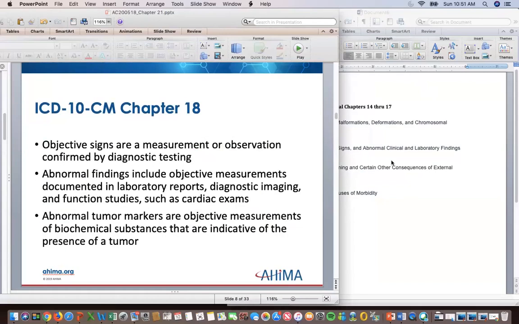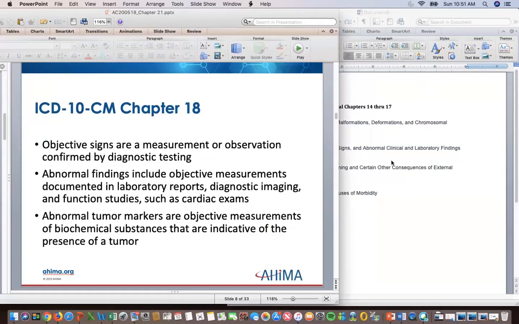The objective signs are a measurement of or observation confirmed by diagnostic testing. So I come in, I have burning upon urination, I do not feel well, abdominal pain, etc. After doing a urine test, they determine that I have a full-blown urinary tract infection with E. coli. Abnormal findings include objective measurements, as I stated: your lab reports, your function studies, cardiac exam.